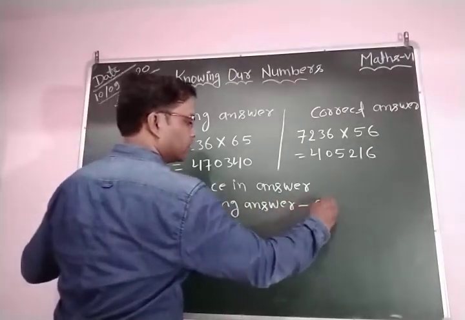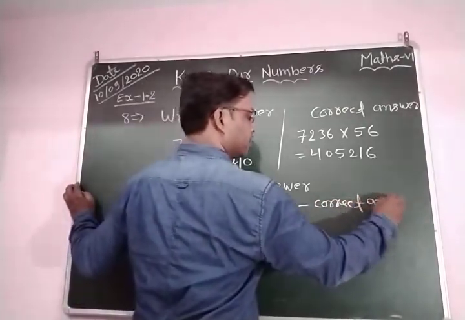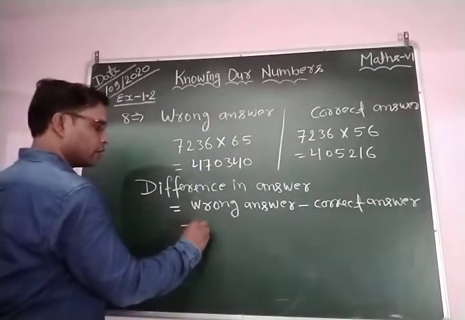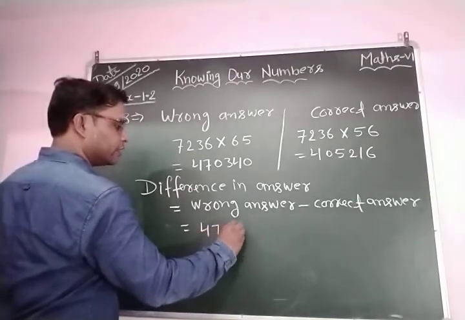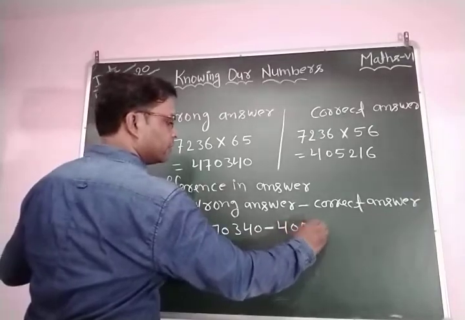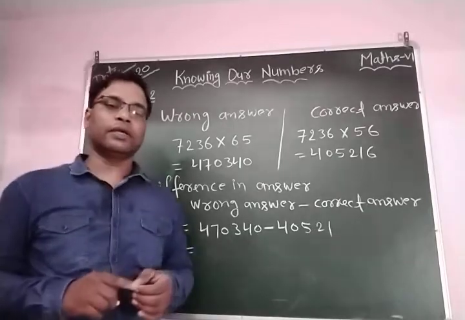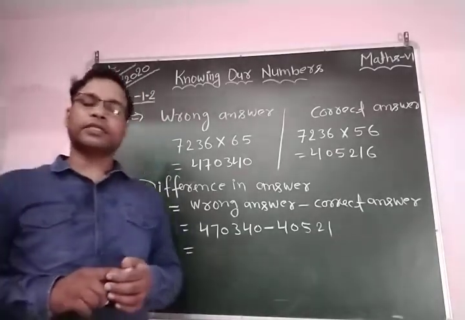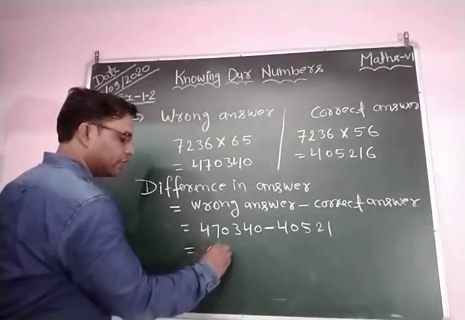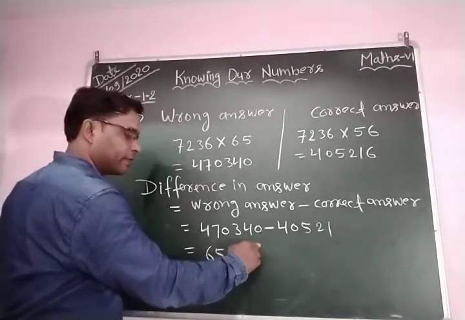So this is equal to 4,70,340 minus 4,05,216. If you subtract them, then you obtain 65,124.